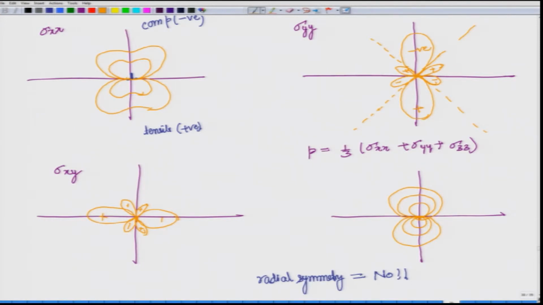So, this is how the pressure or the hydrostatic pressure looks like, and here one of them is the negative component, this is the positive component, and even the hydrostatic stress does not show radial symmetry. In fact, we should not even expect any radial symmetry over here.